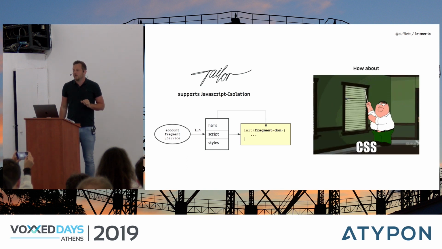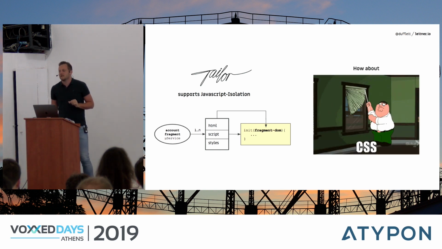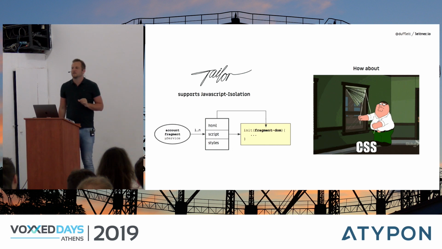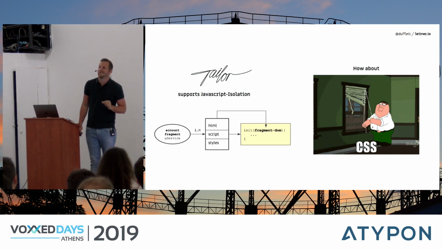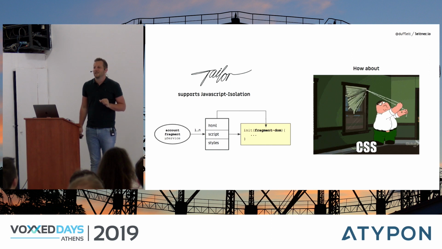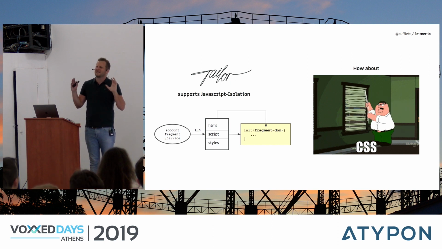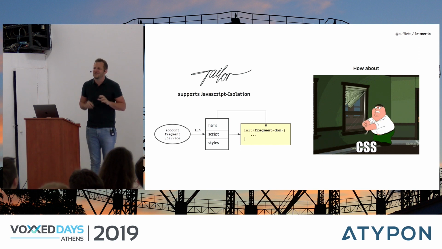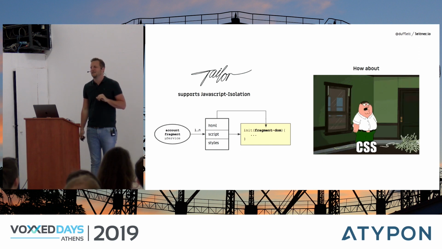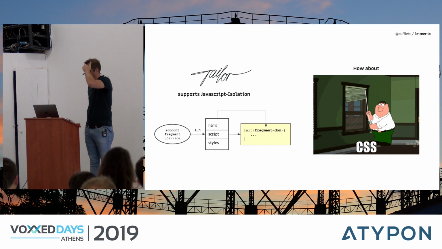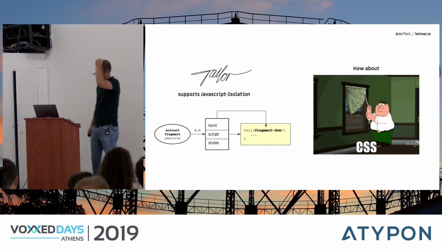And the second one is about CSS. Who thinks that CSS isolation is possible? One guy. It's interesting. Yeah, I ask this question a lot, and people always say, no, CSS, not isolatable. But actually, that's not true. CSS, in my opinion, was never the issue. CSS can be isolated since a couple of years.